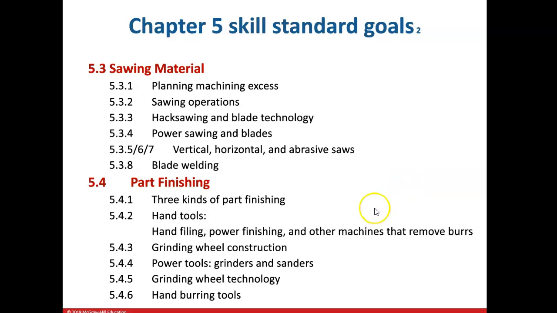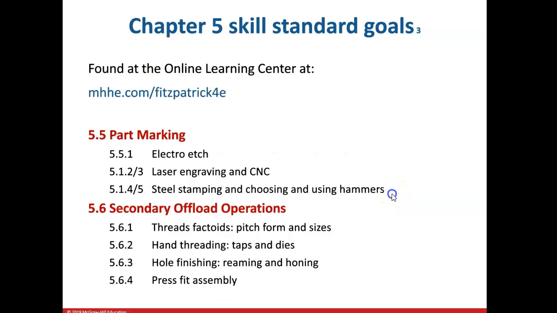It talks about part finishing, the use of hand tools and hand filing, grinding wheels and different types of power tools, as well as your different hand burring tools. That's all part of part finishing.